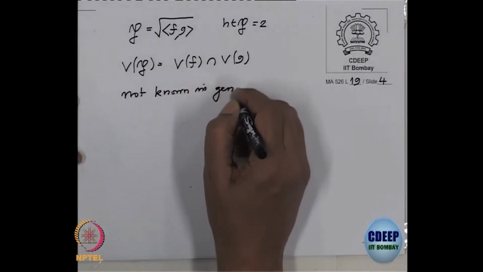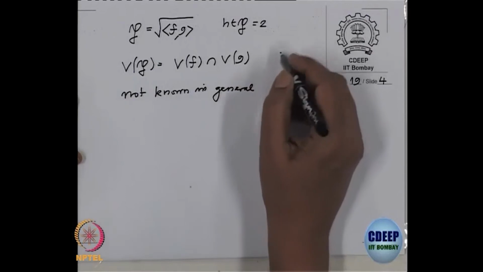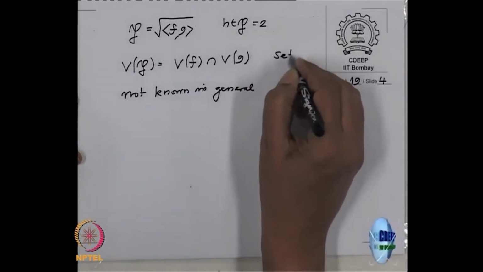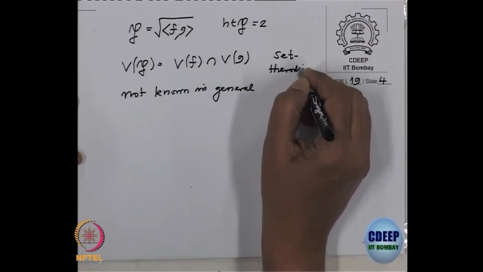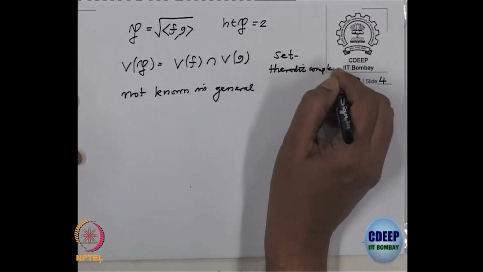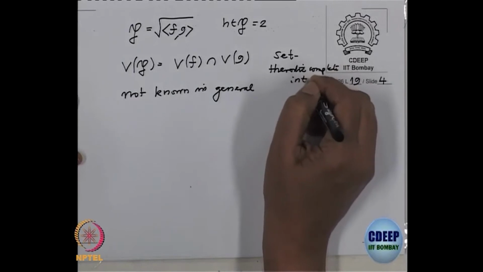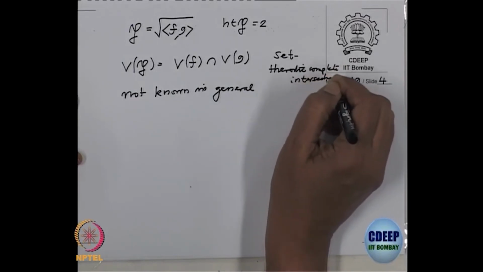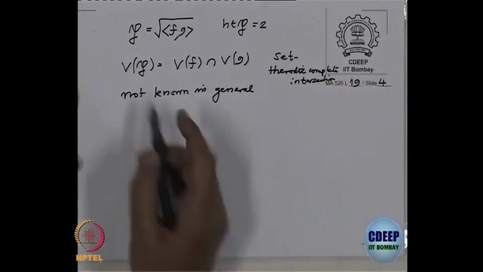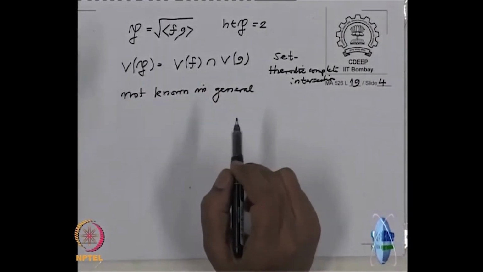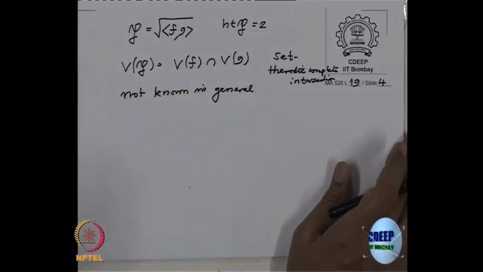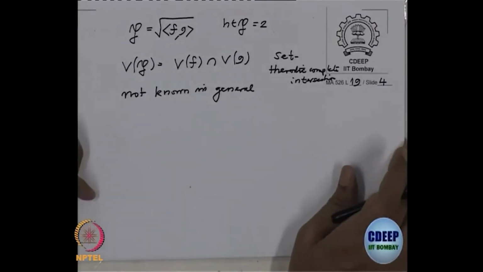This is called set-theoretic complete intersection. It is only set-theoretic, not ideal-theoretic. Ideal-theoretically, the answer is easier to give examples.